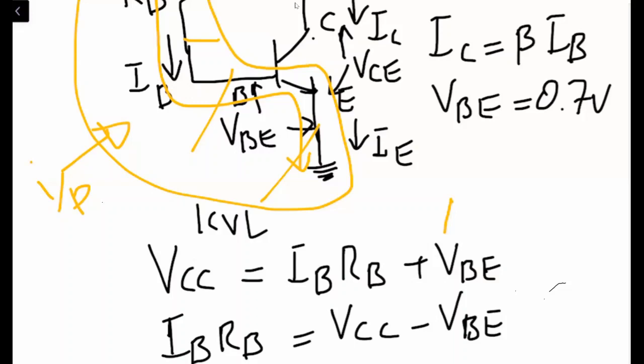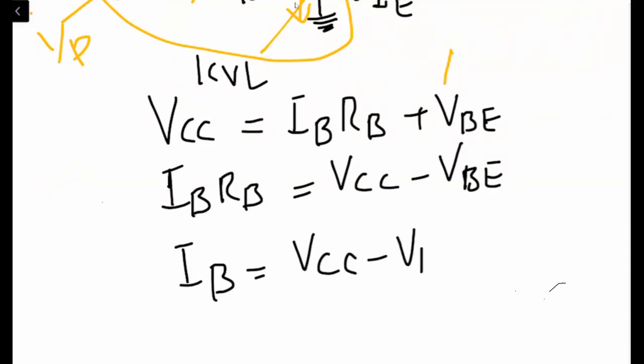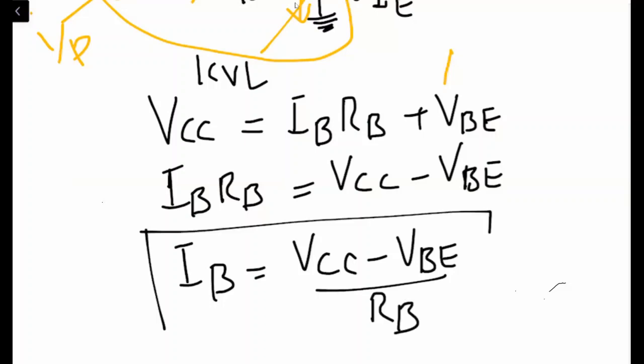Or we can say that IB is equal to VCC minus VBE divided by RB. So we get this equation. Are you with me? Yes, sir.